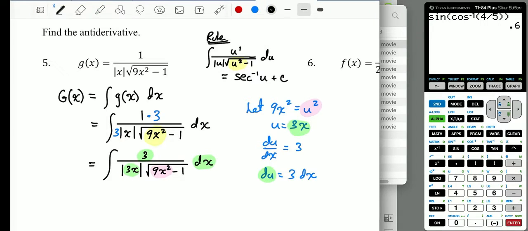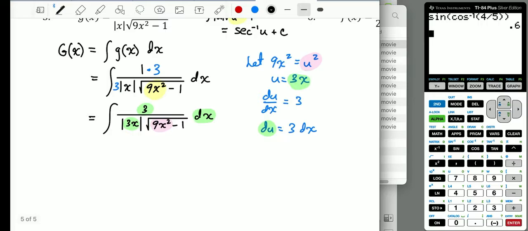So everything would be in terms of u. So I'd have 3 dx being replaced with a du, over absolute value of u, square root of u squared minus 1.